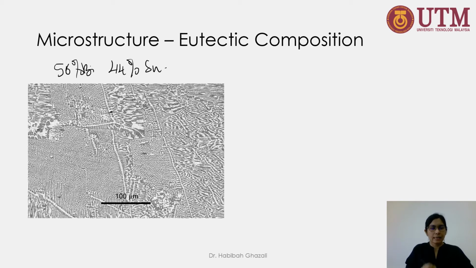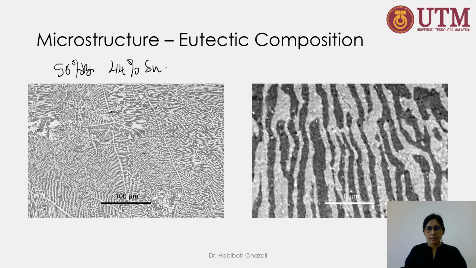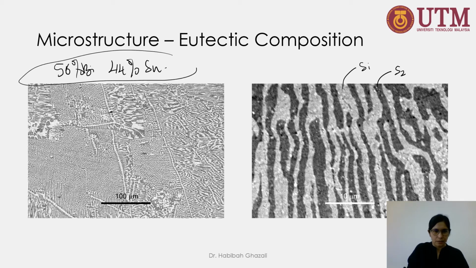You can see here, captured using an optical microscope, a lamellar structure of alpha solid solution sitting right next to each other. And with the higher magnification, you can see there are two types of solid here. So we have solid 1 and solid 2 formed from a liquid phase of this composition.